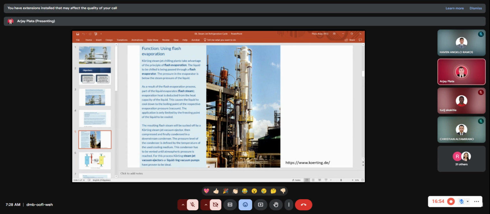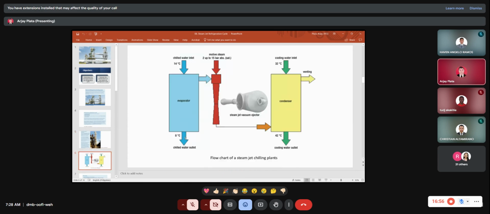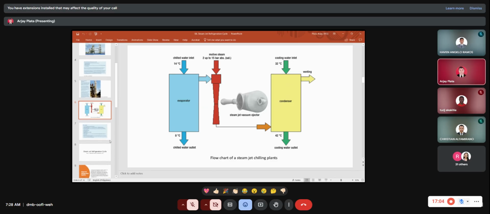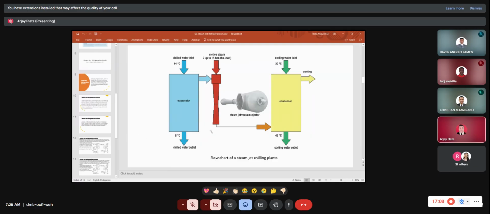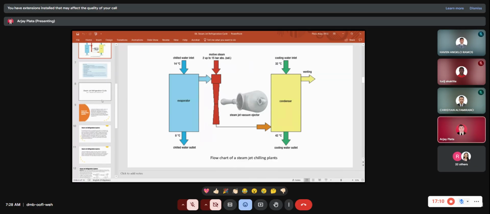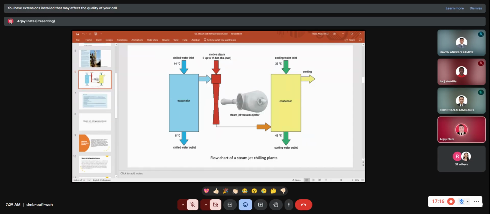After the steam jet ejector, it will be compressed and go into the condenser. So later we will have a more detailed discussion on how the refrigerant or the water flows through each component.